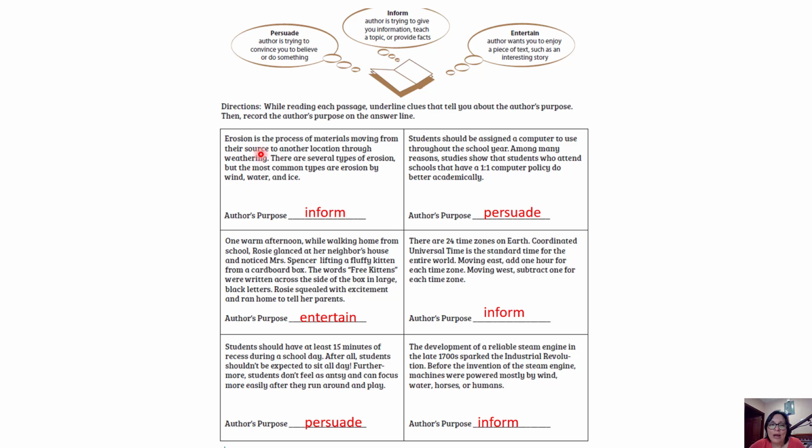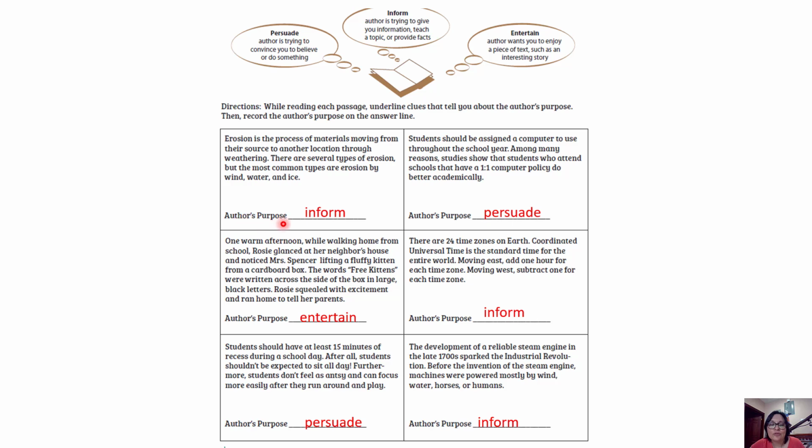For example, number 1, it says, "Erosion is the process of materials moving from their source to another location through weathering. There are several types of erosion, but the most common types are erosion by wind, water, and ice." So in here, the author was trying to inform.